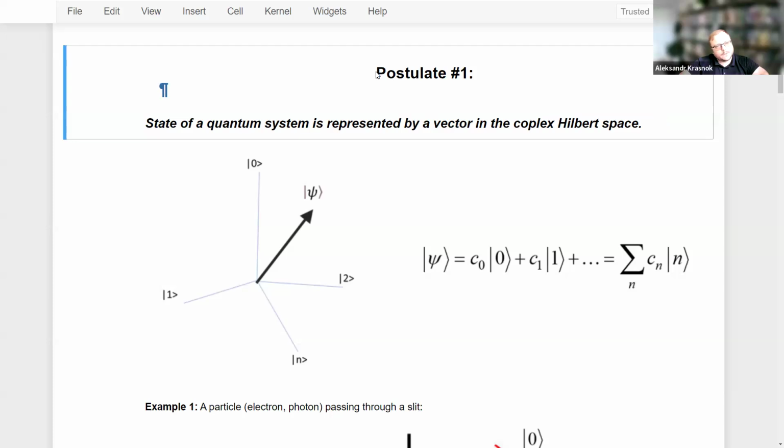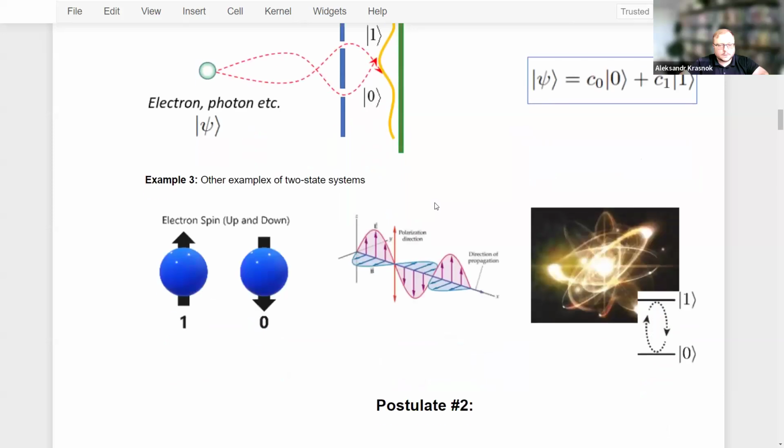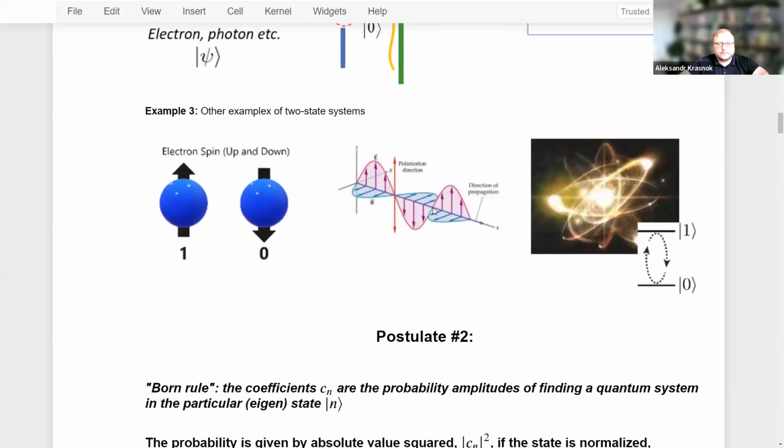Very, very interesting. So the state of a quantum system is given by a vector in the Hilbert space, and we truncate this space to two dimensions when we work with a qubit.